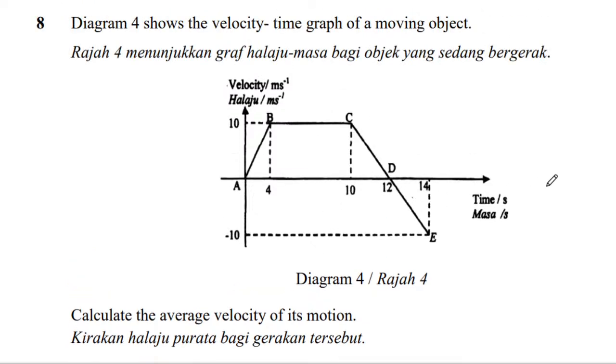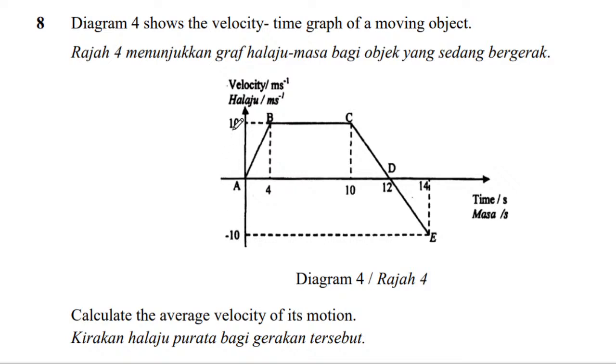This is another interesting question. Chapter 2. This is a velocity-time graph of a moving object. You can see that the graph now has two parts because velocity is a vector quantity. So we have positive direction and then negative.